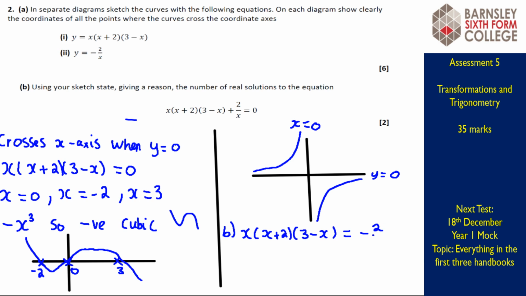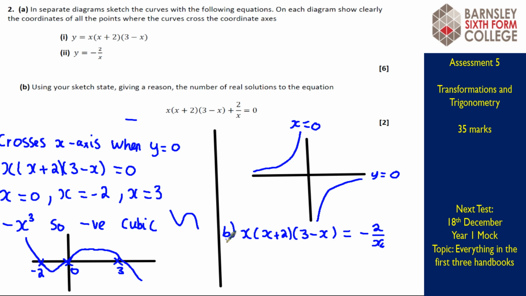Now, if we take the 2 over x from both sides, what we should notice is that on the left hand side we've got our first graph that we sketched, and on the right hand side we've got the reciprocal graph that we sketched. So if we want to see where they intersect, we would just plot these on the same axes.